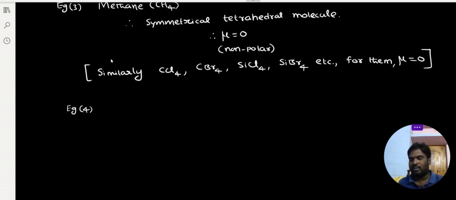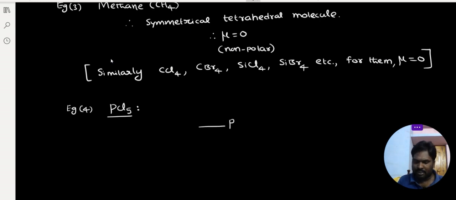Example 4: PCl5, phosphorus pentachloride. Its shape is trigonal bipyramidal.